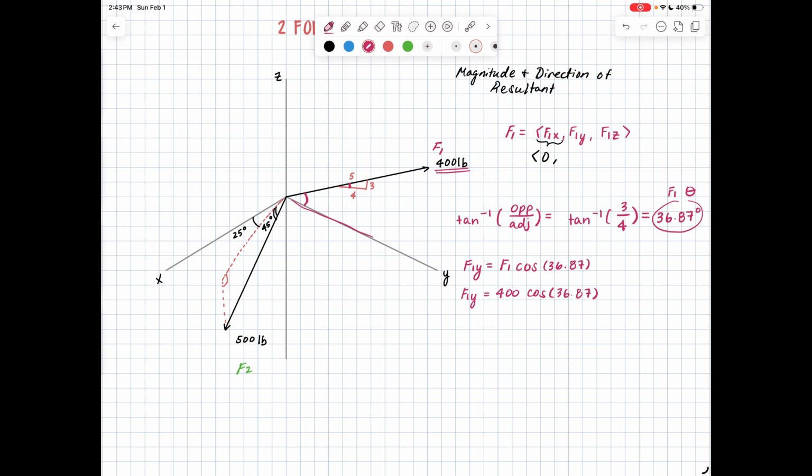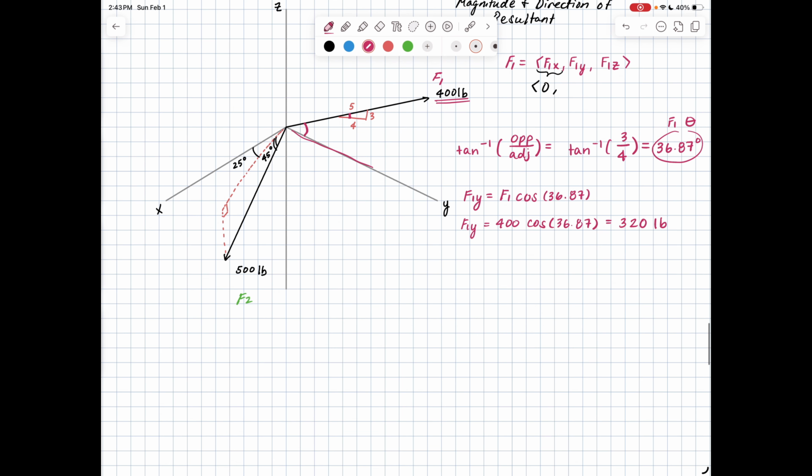If I plug this into my calculator, I'm going to get that F1y equals 319, actually I'm going to round up to 320 pounds because it goes as in 0.9995. So I'm just going to round up to 320 pounds.